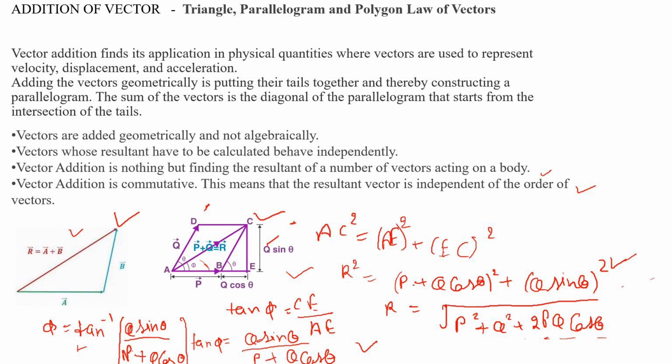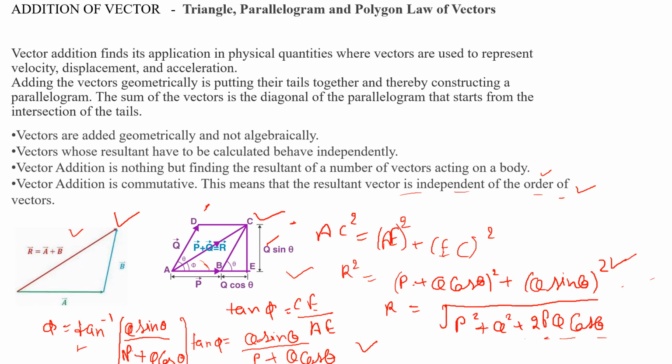This means that the resultant vector is independent of the order of vectors. Next, to a vector, only a vector of the same type can be added and the resultant is a vector of the same type. For example, to a force, only a force and not velocity can be added, and the resultant will be a force.